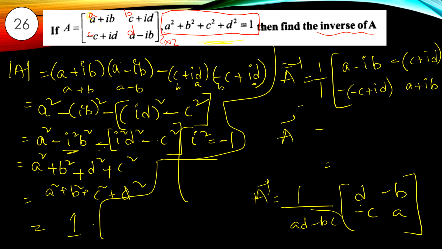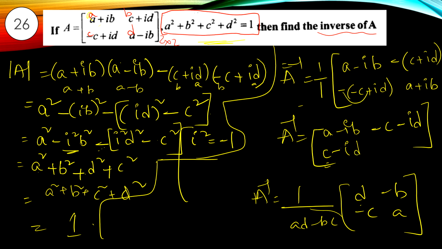So a inverse is equal to, finally, a minus ib, keep it the same, and here just multiply the minus with all the elements. So minus c and minus id, and here minus of minus is plus, so c minus id, because plus or minus minus, right?